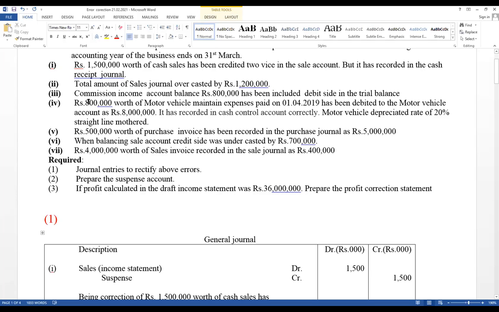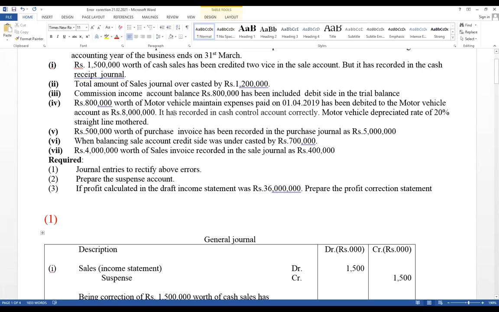Motor vehicle maintenance expense 800,000 has been debited to the motor vehicle account as 8,000. The value is also not correct. It should be debited to the motor vehicle maintenance expense account, but it has already been debited to the motor vehicle account. Therefore, it affects the suspense account also.